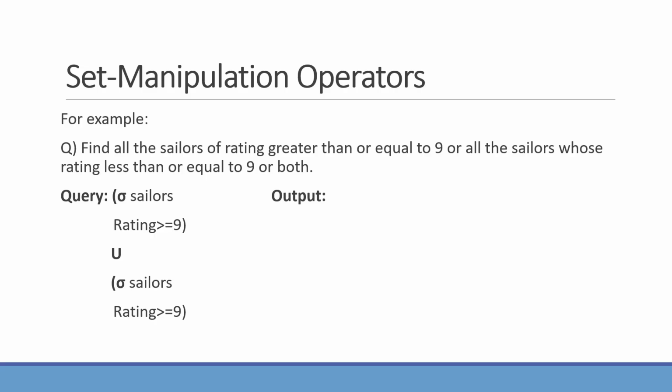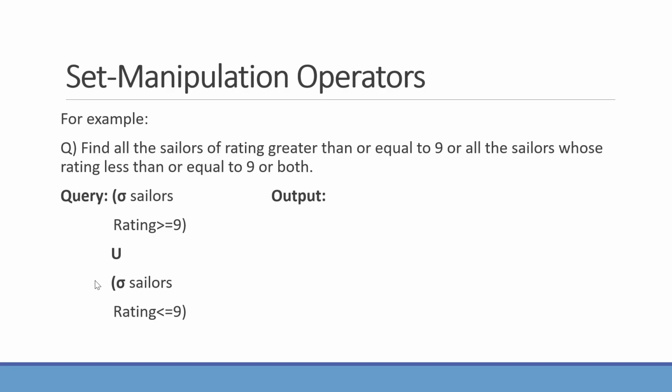The question is asked about the sailors who have rating greater than or equal to 9. So the first condition is sailors whose rating is greater than or equal to 9, and they are also asking about sailors whose rating is less than or equal to 9, or both.